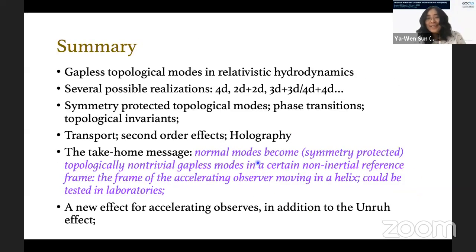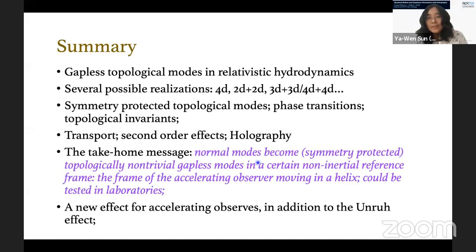So finally, this is the summary. We get gapless topological modes in relativistic hydrodynamics by adding extra terms in the effective Hamiltonian, and these extra terms could be produced by a special coordinate transformation from the flat space, from the original inertial frame.